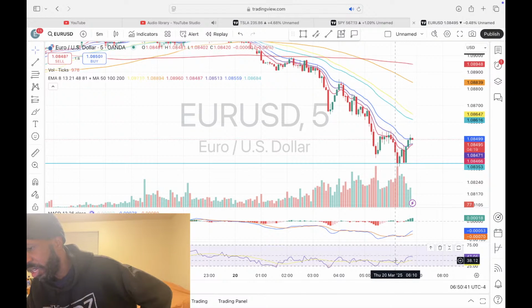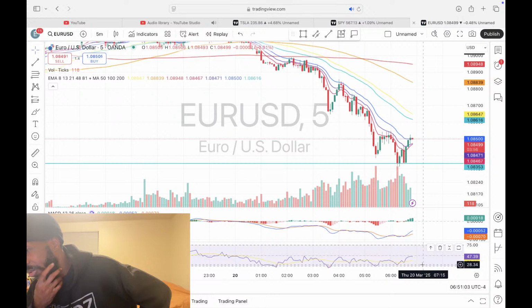Now down here is your relative strength indicator, or more commonly referred to as RSI. Again, the anchor is the yellow, which is at 38, and the purple one is gonna move faster than the yellow one, and the purple is at 47. So that's right in the middle of the range, give or take.